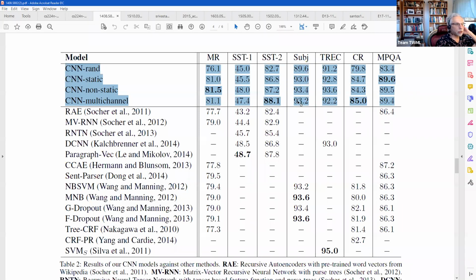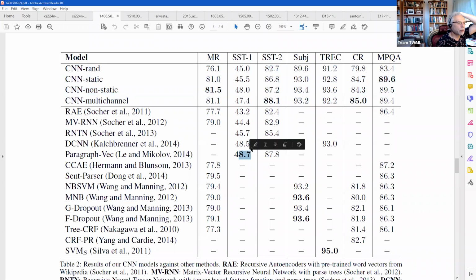In the case of some of these tests, like the 3 tests that he didn't do as well in, he did almost as well. Remember, a high score is better, I guess. So they beat him. State of the art was better, but his best model was 48, and state of the art was 48.7. So he didn't do too badly.